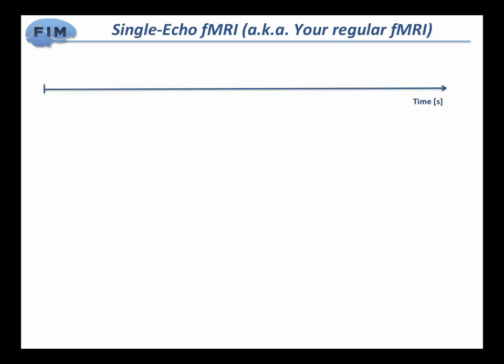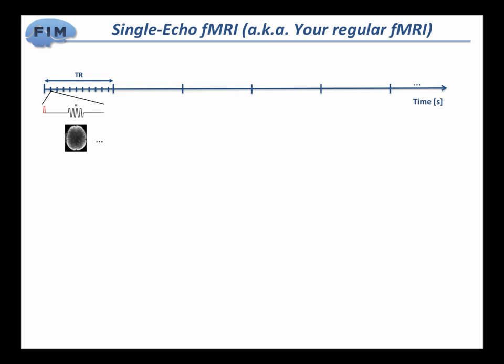On your regular fMRI, you have an experiment that progresses across time. You set your TR to whatever you think is the best option, usually a balance between temporal and spatial resolution, how many slices, and how small or big the voxels are going to be. Then within a given TR, you acquire a series of slices, a volume.